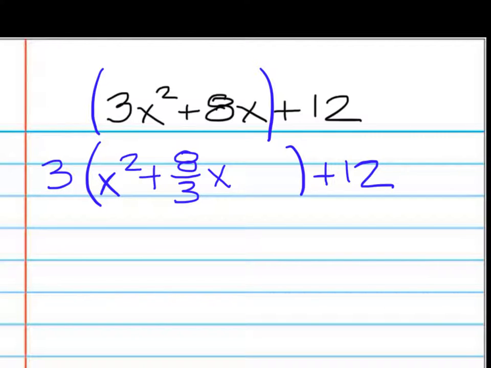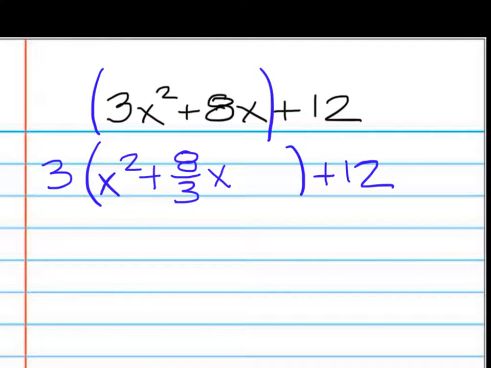Now we need half of that. There's 2 different ways you can do it. You can multiply the denominator by 2, or you can divide the numerator by 2. That will cut the fraction in half, whichever way you want to do it. If you want to divide the numerator in half, you would end up with 4 over 3.